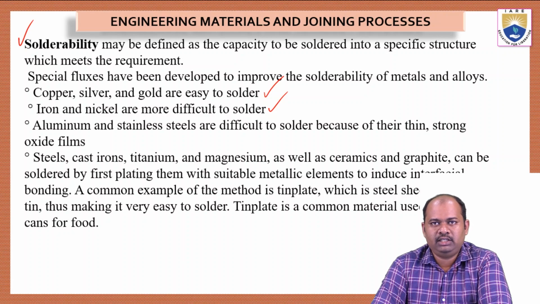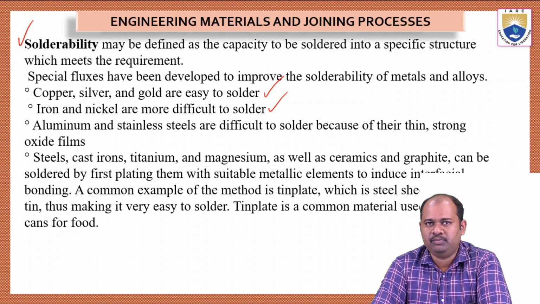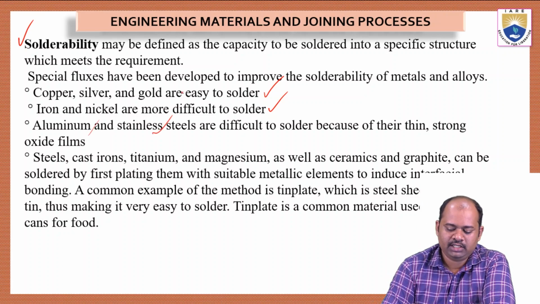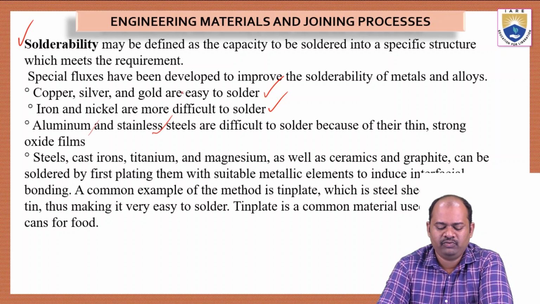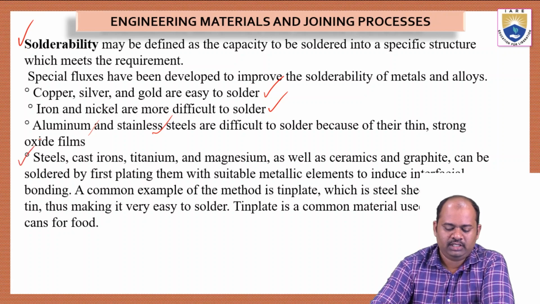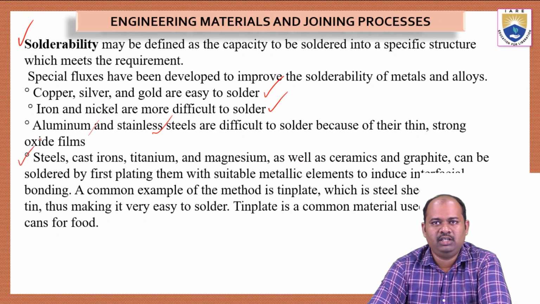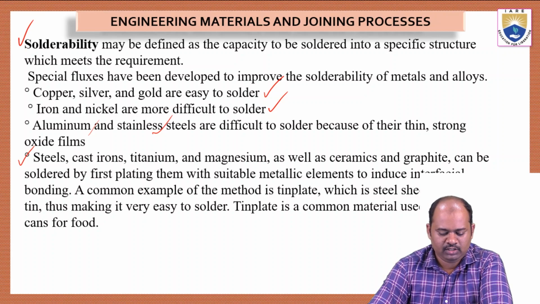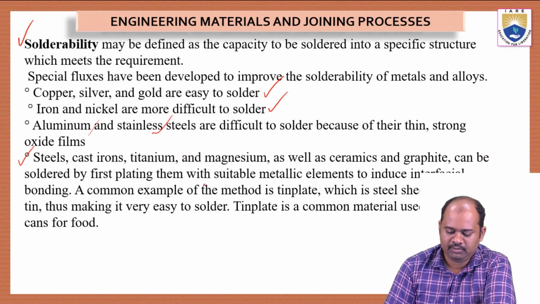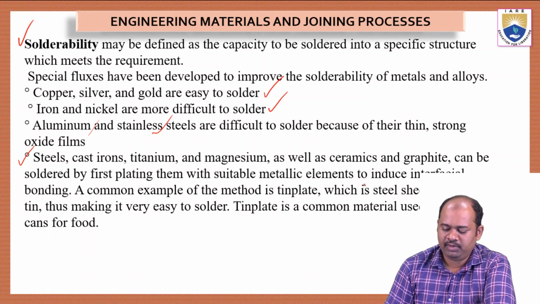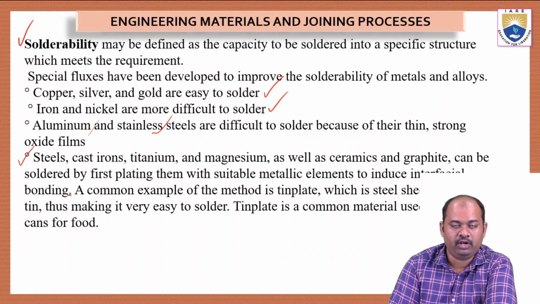Aluminum and stainless steel are difficult to solder because of their thin, strong oxide films. So aluminum and stainless steels have thin oxide films, so they will not form solderability easily. And then we have steels, cast irons, titanium, and magnesium, as well as ceramics and graphites, which can be soldered by first plating them with suitable metallic elements to induce interfacial bonding.